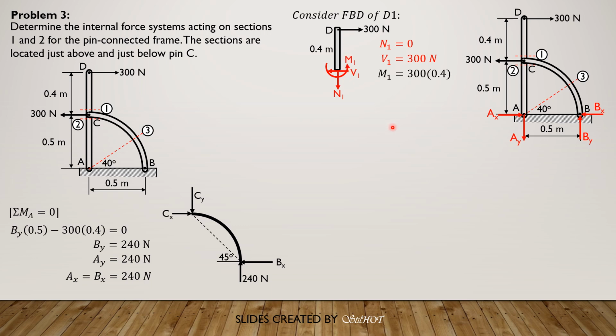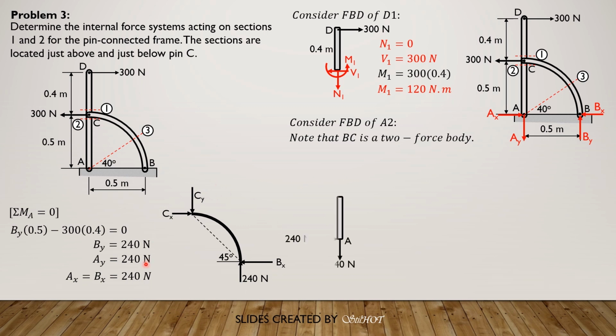So M1 equals 300 times 0.4, or M1 equals 120 newton meters. We can now isolate as a free body from A to section 2. So consider the free body diagram of A2. Note that BC is a two-force body, and I already demonstrated it here.